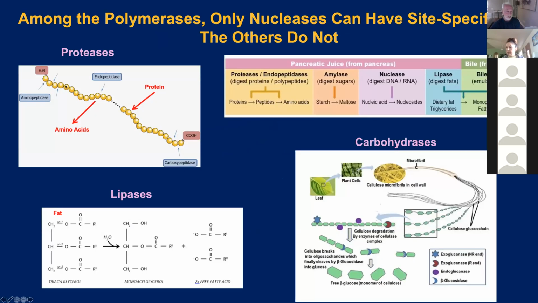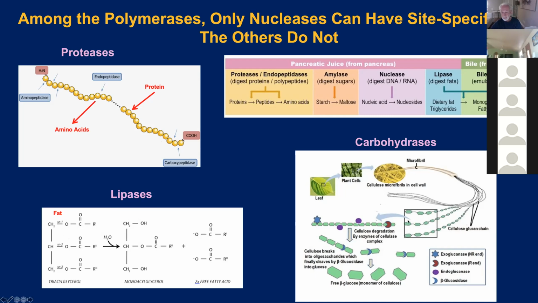This just illustrates what I've already said. A protease can chop in the middle of a polypeptide, or it can chew off one end or the other end, but the sites where it cuts are non-specific. Similarly, lipases digest fats, so they'll take a fat and convert it into free fatty acids, monomers.